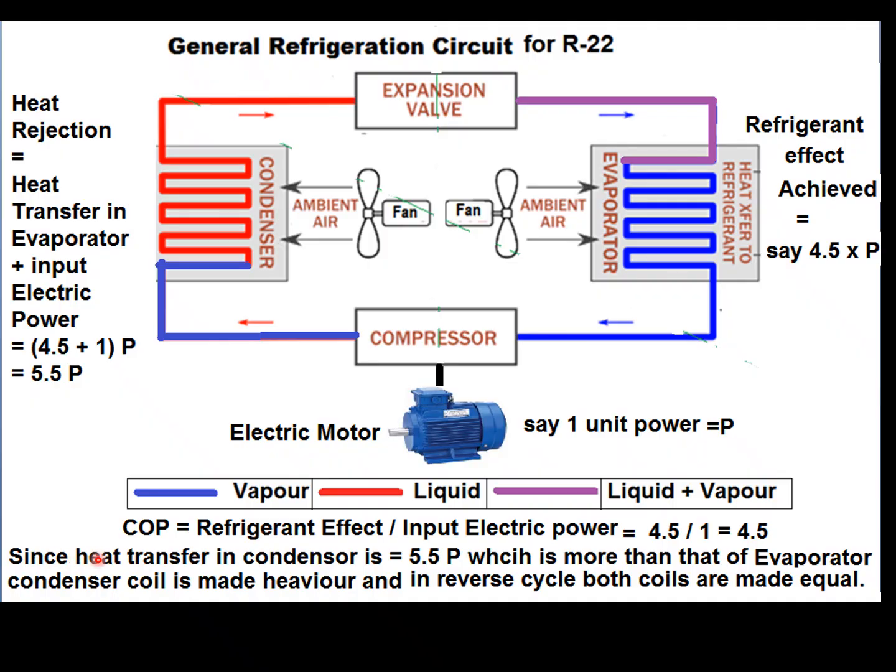The heat transfer in the condenser is equal to 5.5, this is known as the heat rejection factor. So all basics have been explained through the refrigerant circuit of a window type air conditioner.